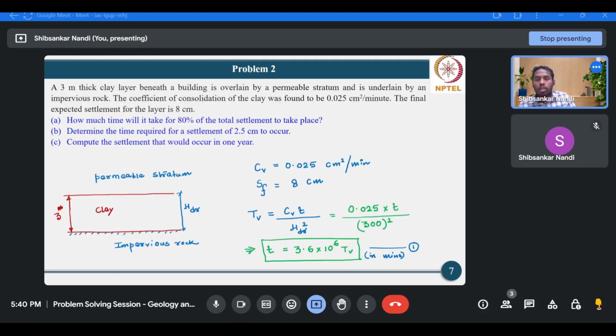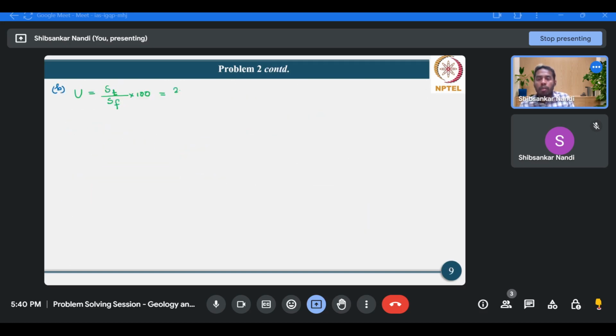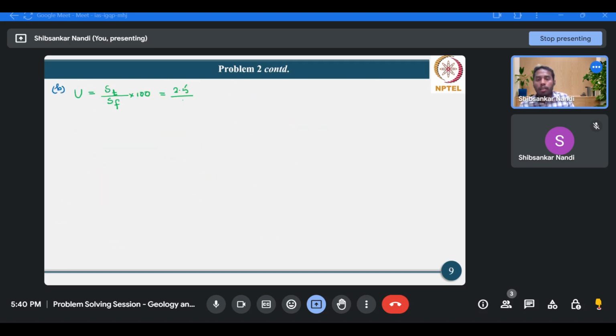Now in this question, what is the settlement? 2.5. And what is the final settlement? The final settlement value is 8 centimeter. So 2.5 by 8 multiplied by 100, that will give you the degree of consolidation. And it's 31.25%.